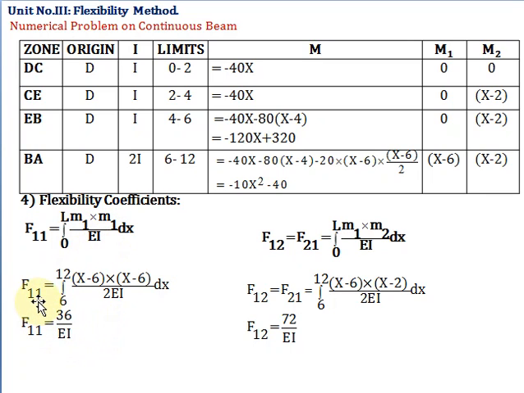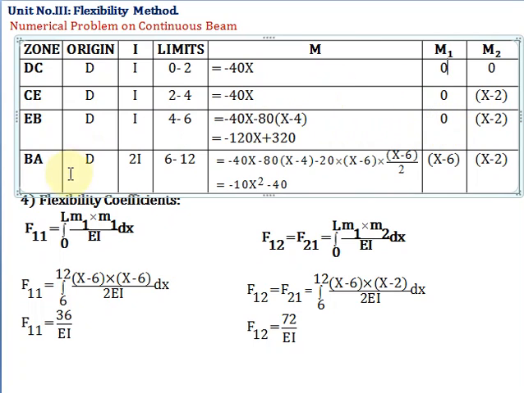Now here, if you see, for zone DC the value of M1 is 0, so this term is 0. For zone C again the value of M1 is 0, again this will be equal to 0. For zone EB again M1 is 0, again this term will be equal to 0.